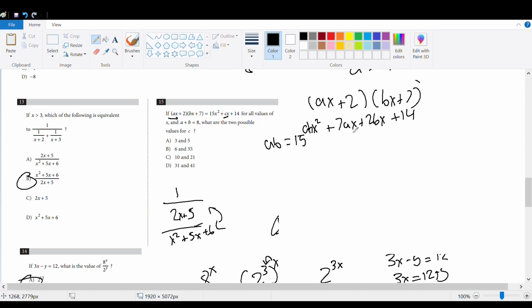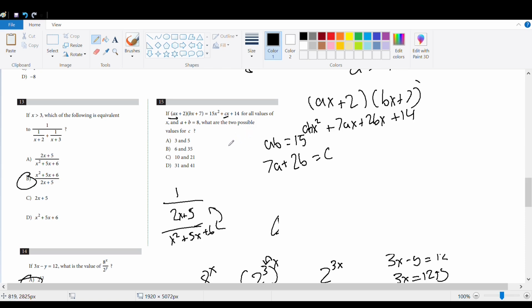And here 7ax plus 2bx, this is the term with 1x, and c is the term with 1x, so 7a plus 2b is equal to c. So a plus b equals 8. Well, a plus b have to equal 8, but a times b has to equal 15.